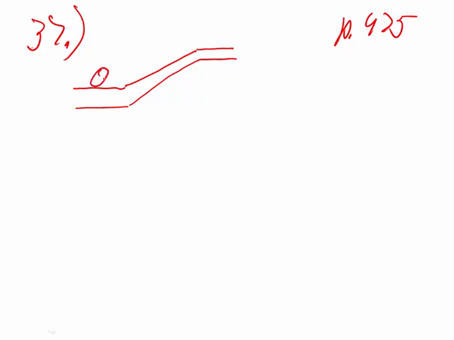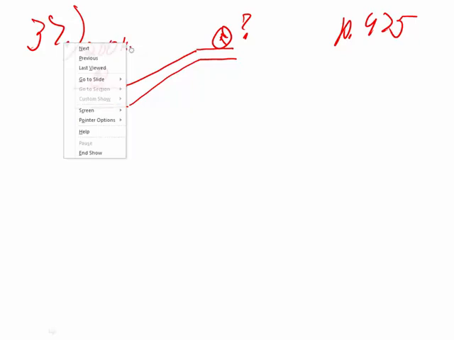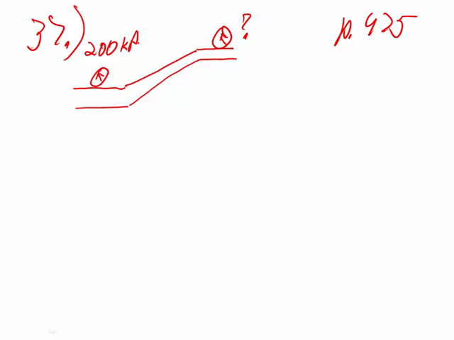And we've got a gauge right here, and we got a gauge right here. Question mark on that one. This one reads 200 kPa. So the pressure on that one is 200 kPa.